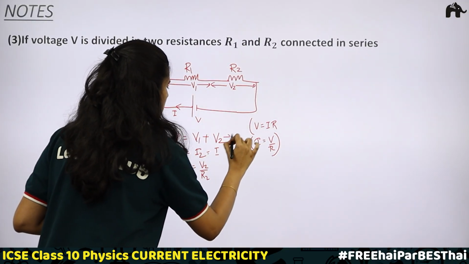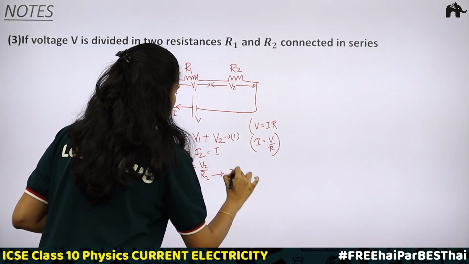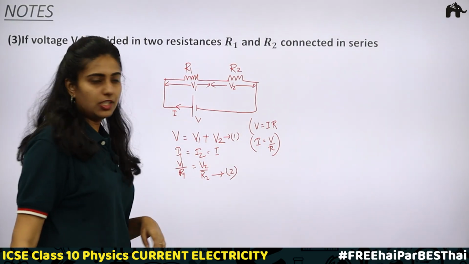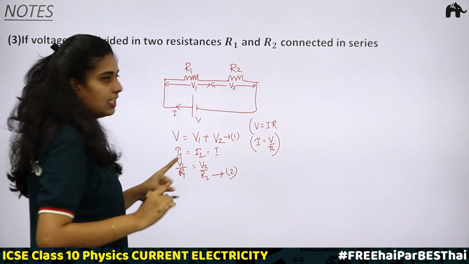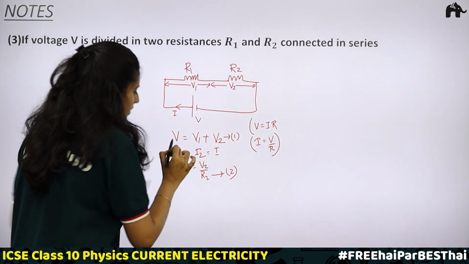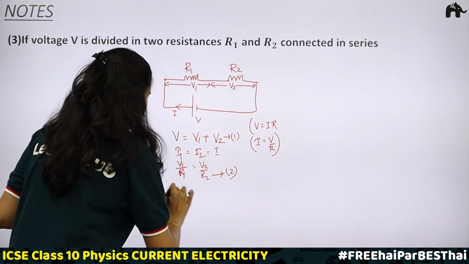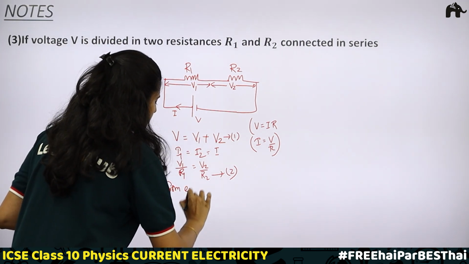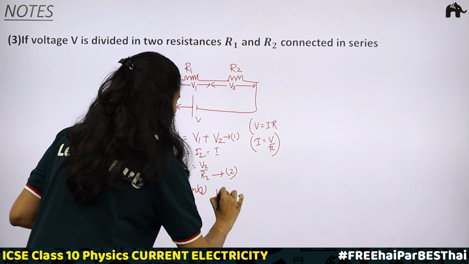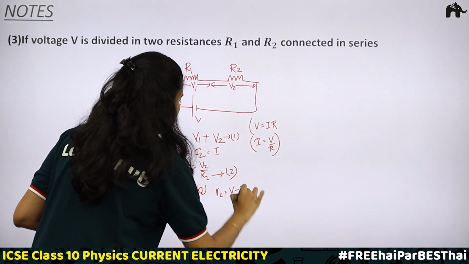This is your first equation and this is your second equation. Now take this equation. In order to find V1, we will have to replace V2. From equation 1, V2 is equal to V minus V1.